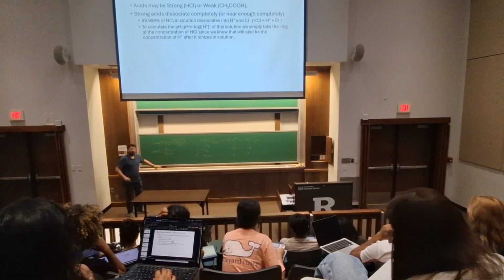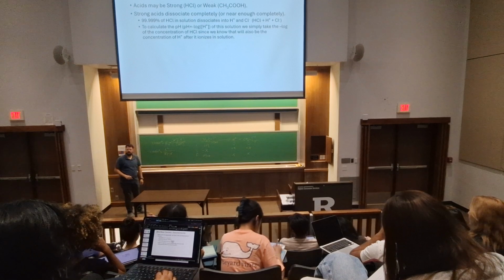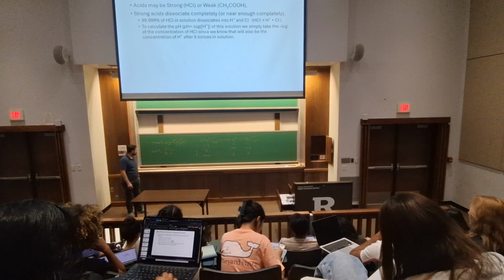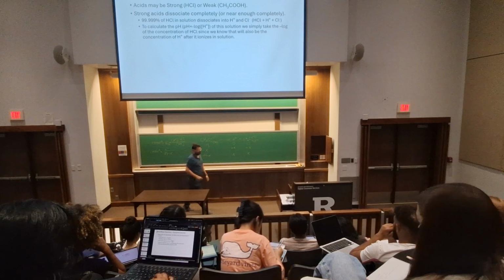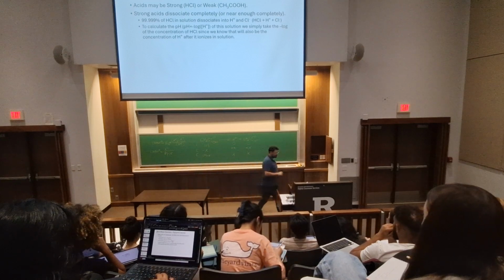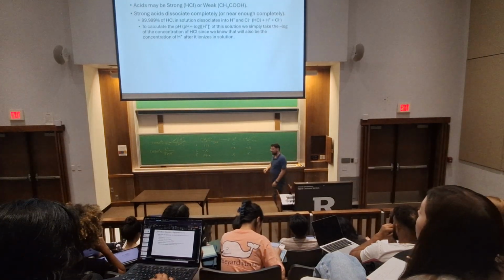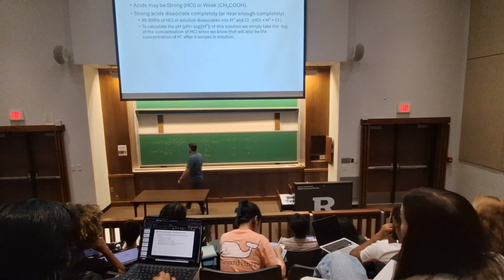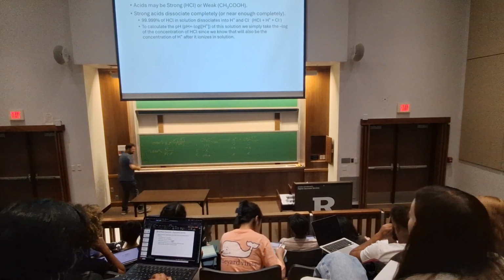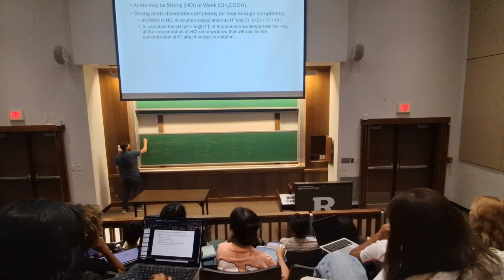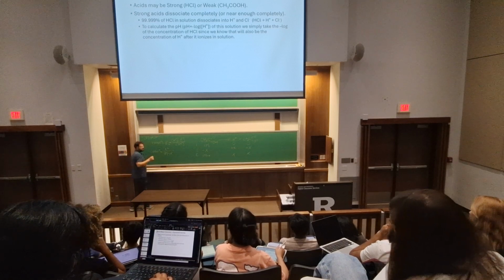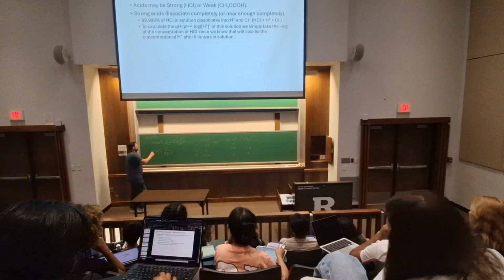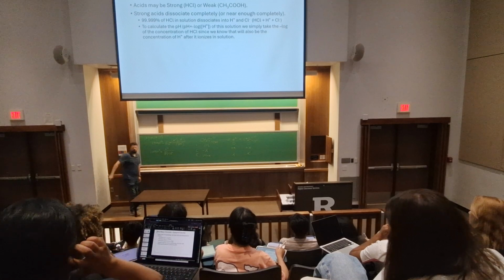Now we have a quadratic, which is a nightmare, right? So you could be fancy and try to actually do the quadratic, but you can do it the lazy way as well and say, well, this is so bad at dissociating that 1 molar minus X is going to be so close to 1 molar that we can just call it 1 molar.